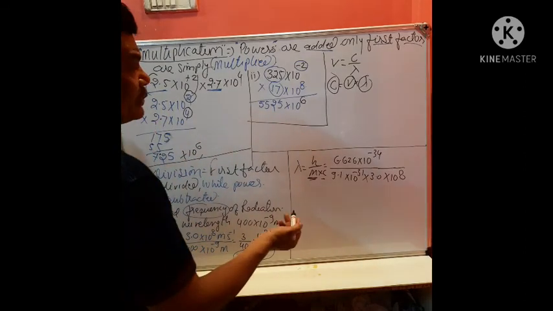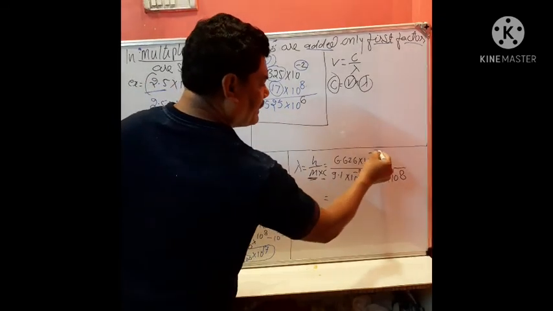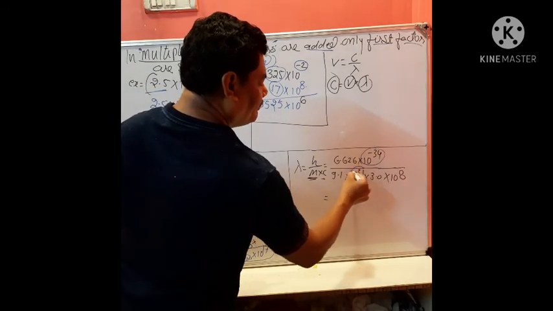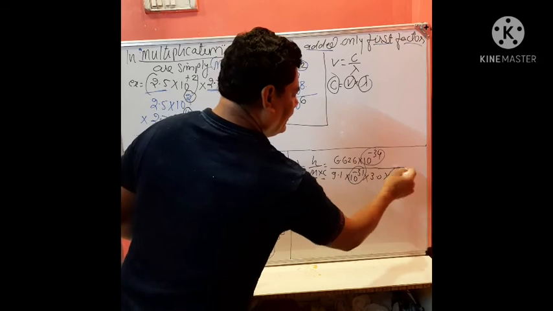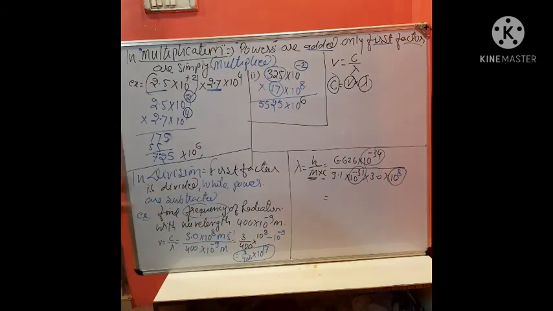Now to solve such a question, first we have to solve the second factor, the denominator. If you solve it nicely, then we can get the answer very quickly.